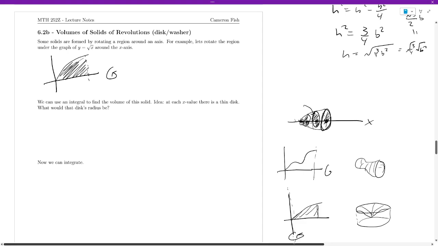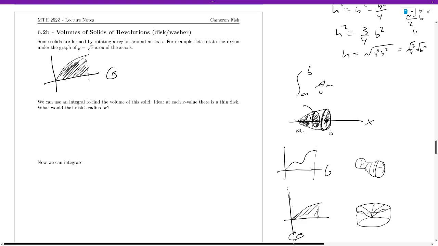So x is going to move from the beginning to the end, right? As it moves, it's going to grab the area of the circle at each of these x values.